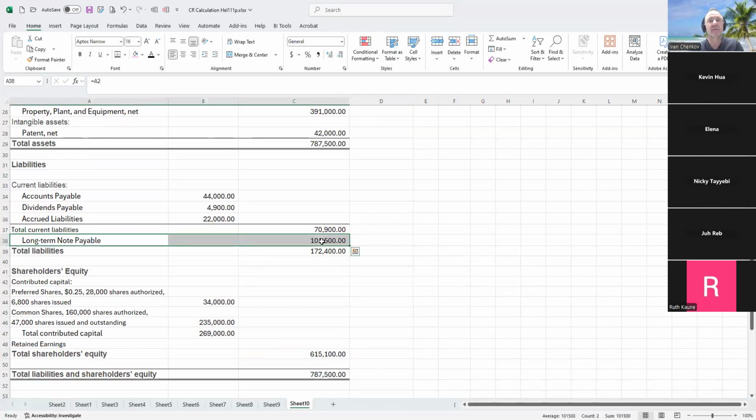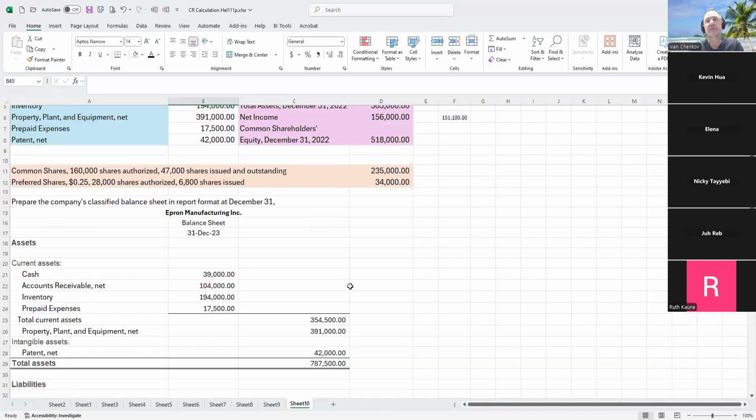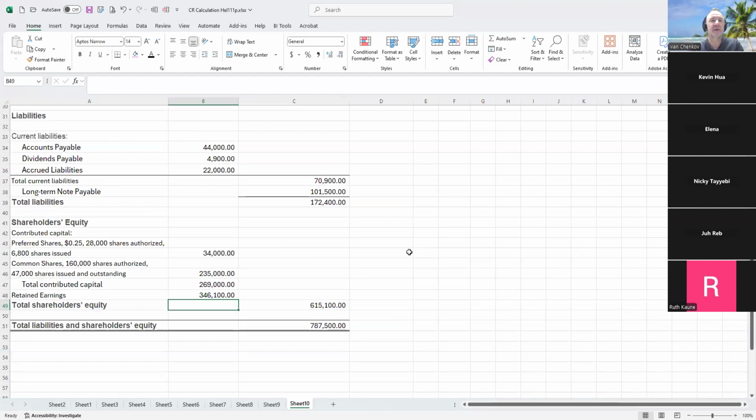Now the only way for those two to match is if our retained earnings is equal to this one minus that one. 346, 100, no, that's not the same. So that's how you're going to balance it. Make sense? So you're going to go backwards to get the retained earnings.